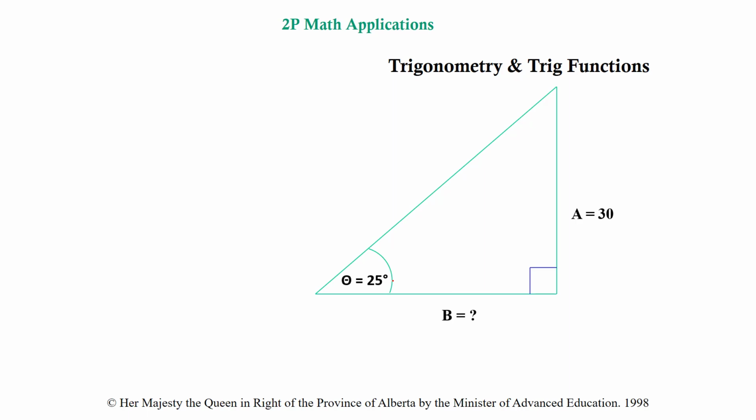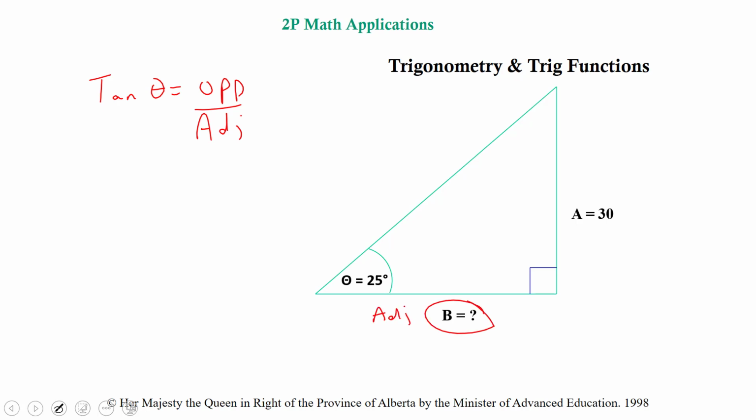So the best ratio again is tan theta equals opposite over adjacent, TOA. I need to find side B, which is my adjacent side, so I'm going to solve for that. I have to swap the two, so adjacent is equal to side opposite divided by tan theta.